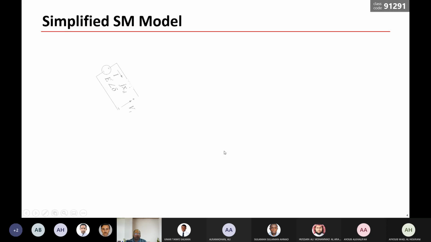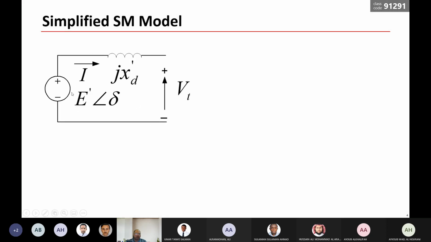So the simplified model, as we mentioned, is a constant voltage behind reactance. What you have here is the internal voltage, which is E prime with angle delta, which is the rotor angle or power angle, and this is the terminal voltage. You can take the terminal voltage here as your reference.